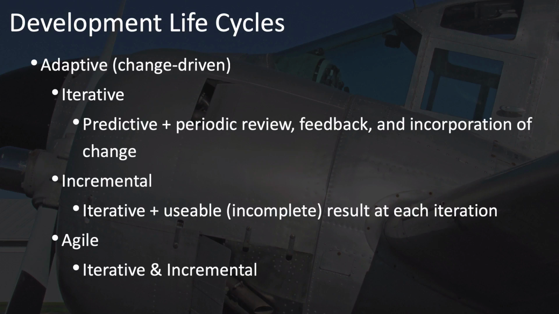And these iteration points are opportunities for review, feedback, and the incorporation of changes. An incremental approach is iterative, but also provides something usable, although still incomplete, at the end of each iteration, and iterations are generally fixed timeframes. An agile approach is considered to be both iterative and incremental.